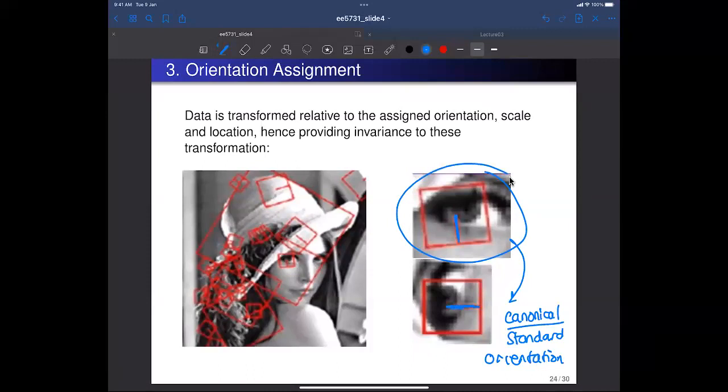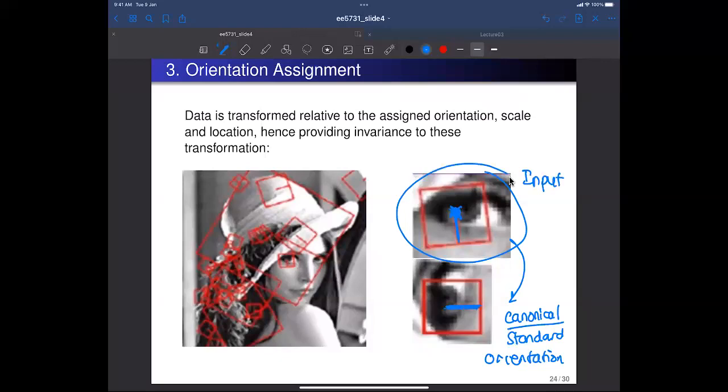In the image space, if this point here happens to be your key point, then you crop the image surrounding the key point, and then you rotate this into the canonical standard orientation, where the dominant orientation has to be horizontal. Regardless of the orientation of your input, you have to transform this into the canonical standard orientation.